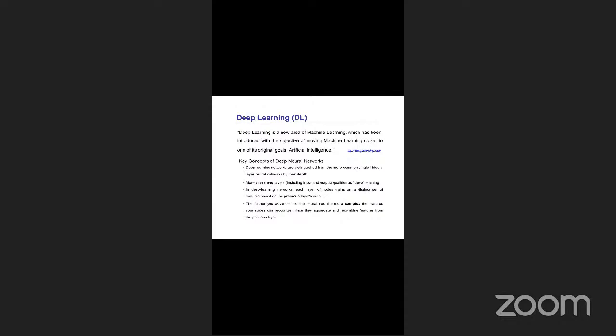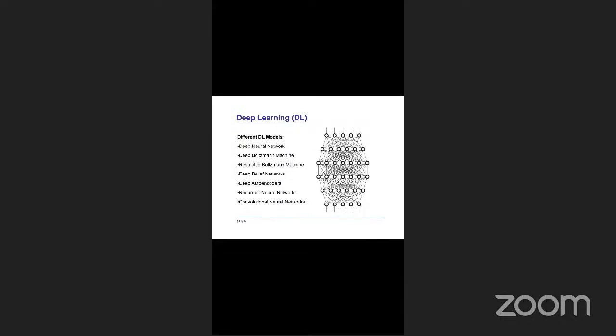The more the hidden layers, the more the precision. There are other techniques also: deep learning neural network, deep Boltzmann machine, restricted Boltzmann machine, deep belief networks, deep autoencoders, recurrent neural networks, convolutional neural networks. But we are going to talk about convolutional neural networks.